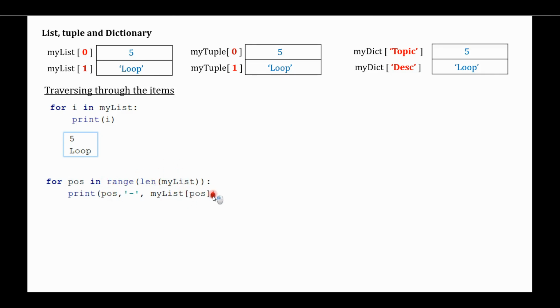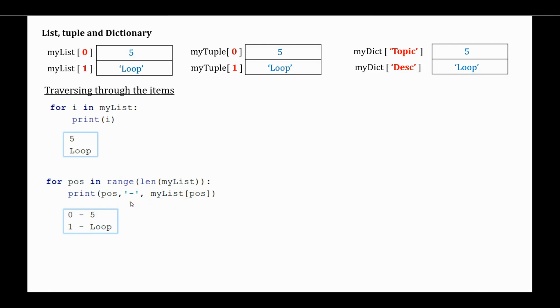Because you loop through 0 and 1, you can put it inside my_list square bracket with the position. It will run through and get the value inside the list at the different positions. So when you do this, you find that it prints out the position and it prints out the value.